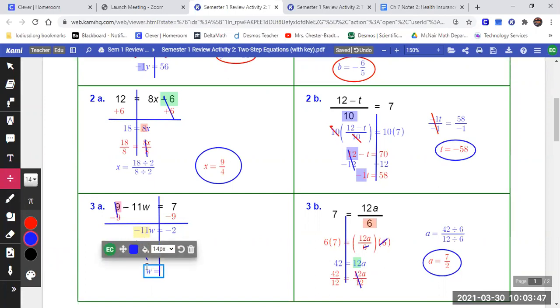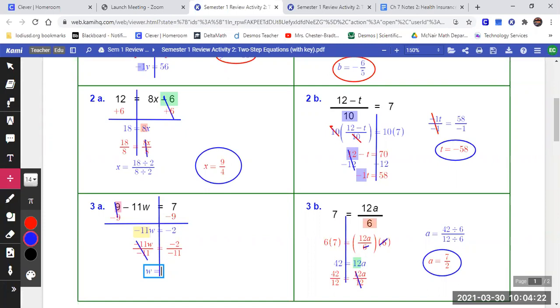And then I look at the right-hand side. How can that be simplified? What do they both have that we can make go away? Because they cancel each other out.